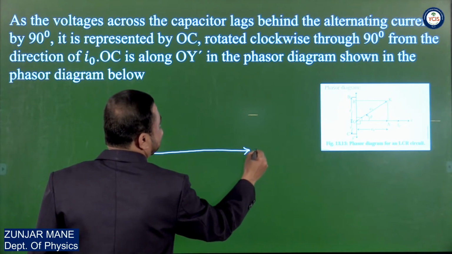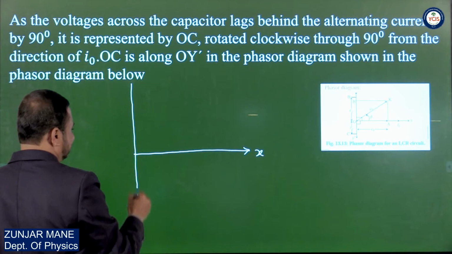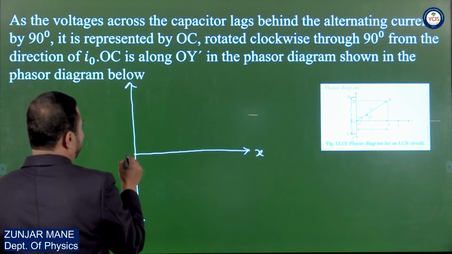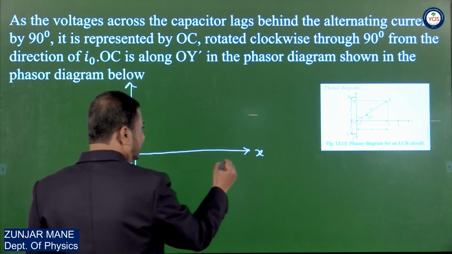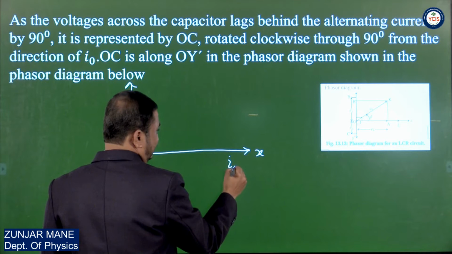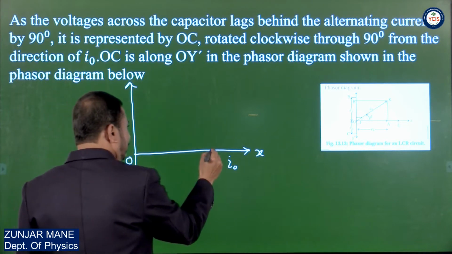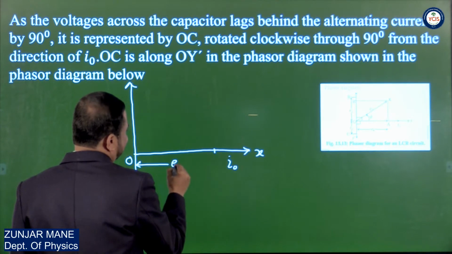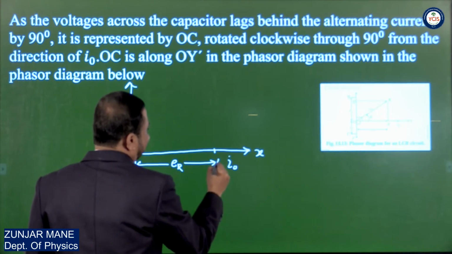Suppose this is the x-axis, this is the y-axis, and O is the origin. The current is along the x-axis, then the voltage ER is in the same phase, and it is represented by a line OA.